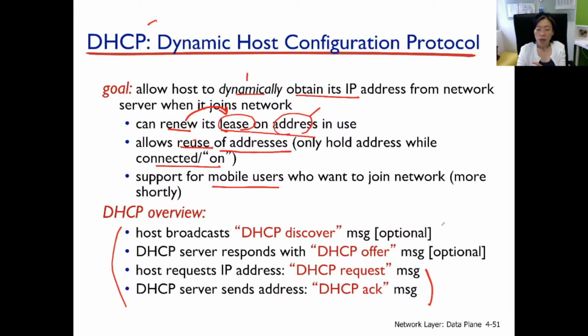These first two messages can actually be bypassed if the user is coming in and out really fast. Typically the OS on a smartphone implements more of this version of DHCP. Now let's take a look at the scenario and go through these four messages in a bit more detail.